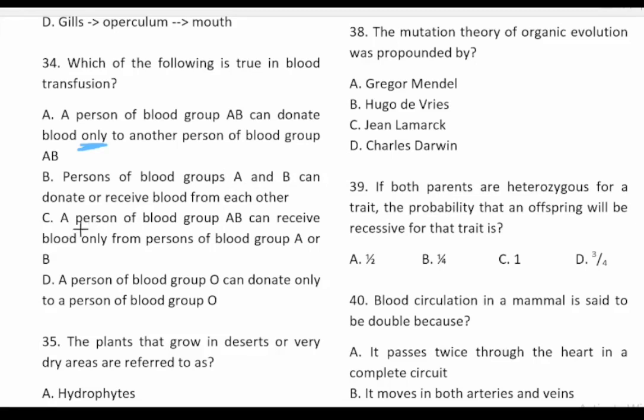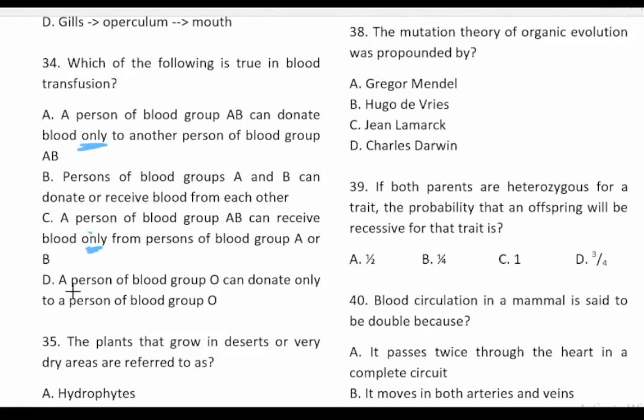And then option C says a person of blood group AB can receive blood only from persons of blood group A or B. No, the word only here nullifies this statement. AB cannot receive blood only from A or B. It can receive blood even from blood group AB as well as blood group O. So this statement also is not correct.